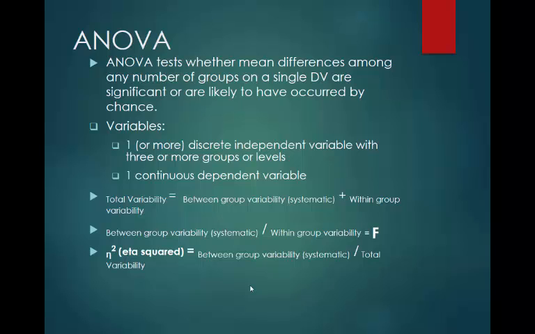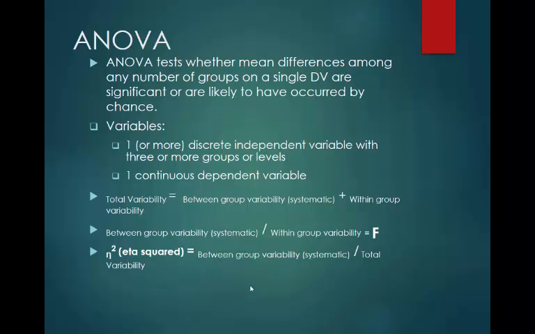If you're just talking about a one-way ANOVA, it means you've got the discrete independent variable with three or more groups or levels, right? Then you have your one continuous dependent variable. Now, if you wanted to measure more than one continuous dependent variable, you could do that, but it would actually be a MANOVA, not an ANOVA, and we're not going to talk about that in this class, but just keep that in mind.